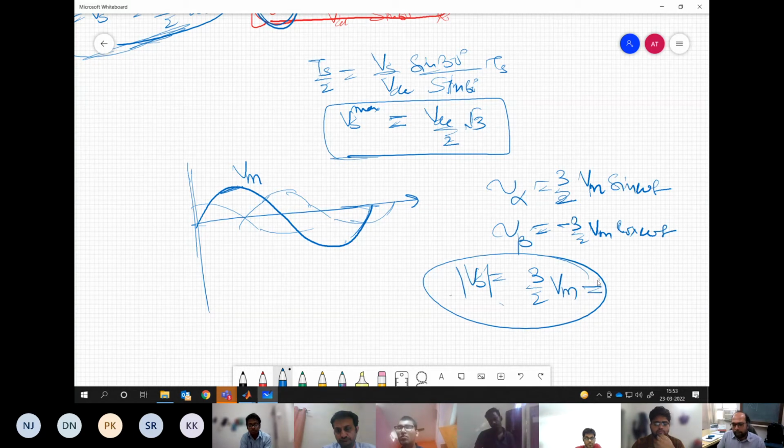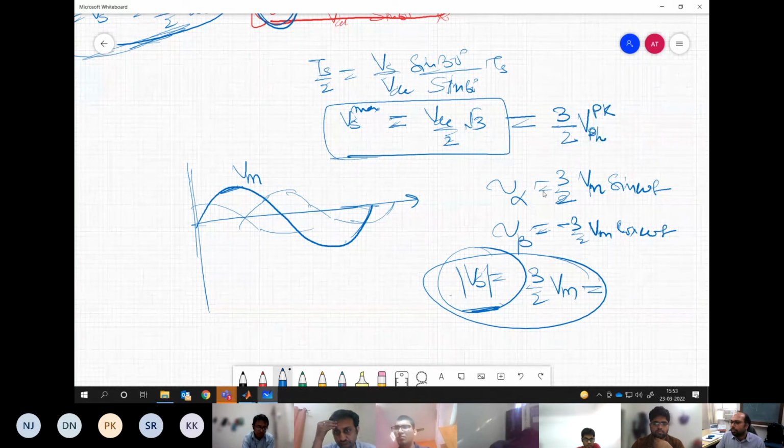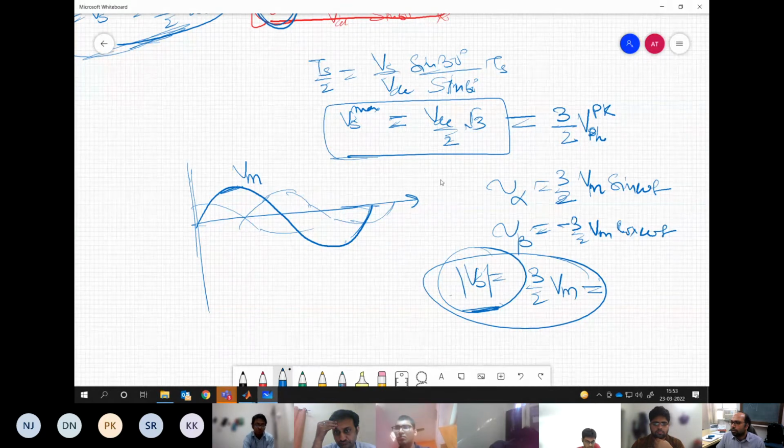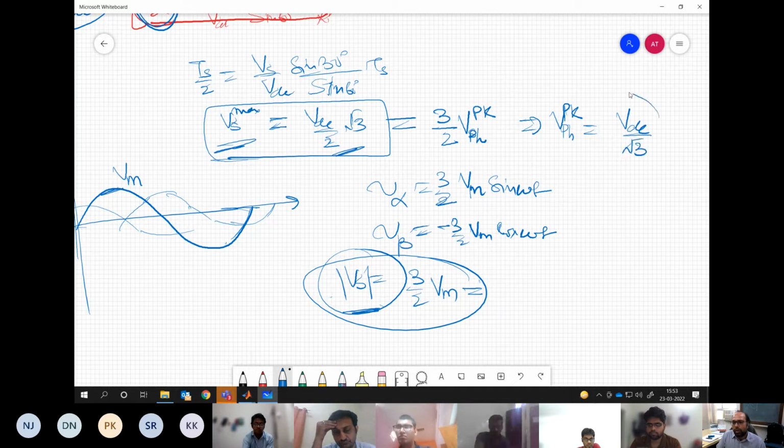So that is how the peak phase voltage and the vector magnitude are related. If this is the peak magnitude of the voltage vector, the peak phase voltage will be related to it like this. I can write V phase. Understanding my point? So this is where we can relate the peak phase voltage with our maximum voltage vector, in terms of the DC bus voltage, and it will turn out to be VDC by √3.